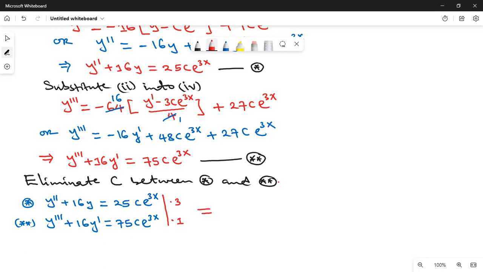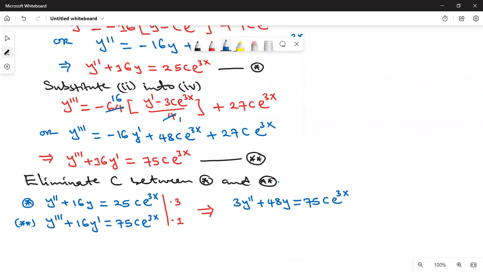Now what will we get upon multiplication? We are going to get 3y double prime plus, 16 by 3, that is 48y, is equal to 75c exponential 3x.